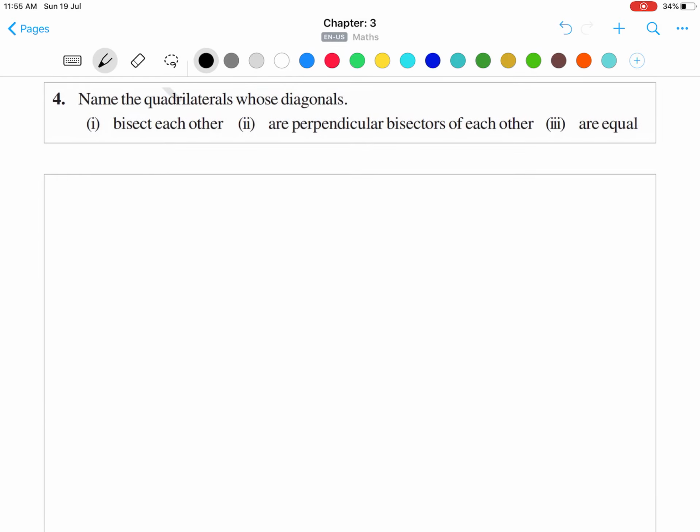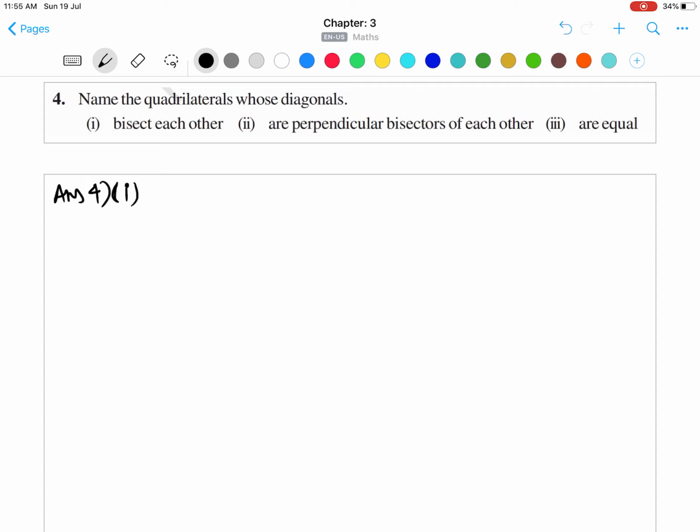Moving to the next one, we have name the quadrilateral whose diagonals bisect each other. So let's write a solution. Answer number 4. We have to name the types of quadrilateral in which diagonals bisect each other.